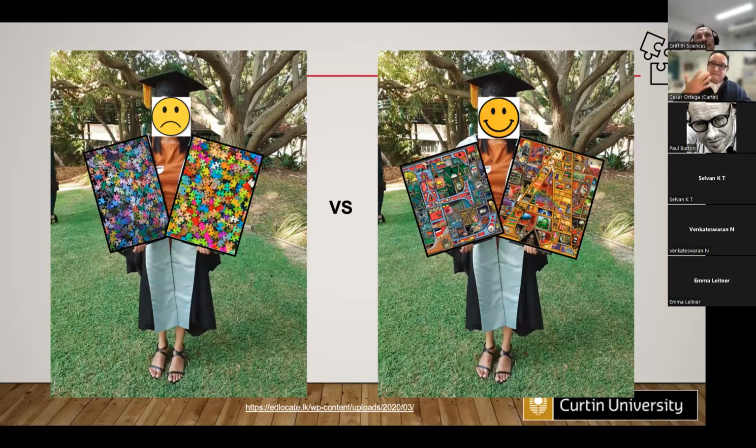Every piece of information is different, comes from different sources, and connects in different ways with other information.